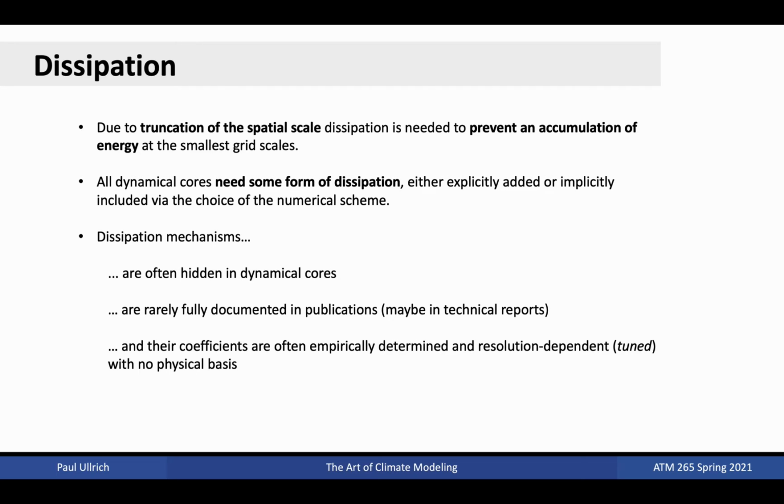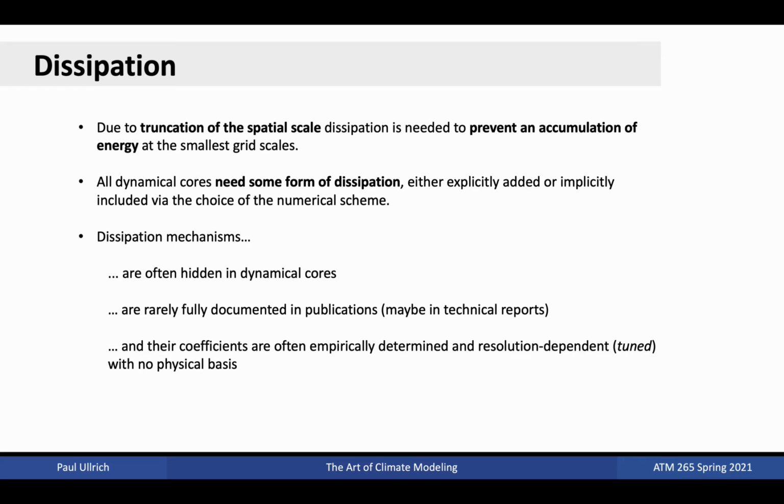To avoid the accumulation of energy at the smallest scales, dynamical cores need some form of artificial dissipation, which is either explicitly added or implicitly included as a consequence of the choice of numerical scheme. Ultimately, we only want this dissipation to target energy that is aliased because of the truncation scale, although that is easier said than done. This artificial dissipation will often mimic the real atmosphere, converting kinetic energy at scales below the truncation scale to thermal energy.